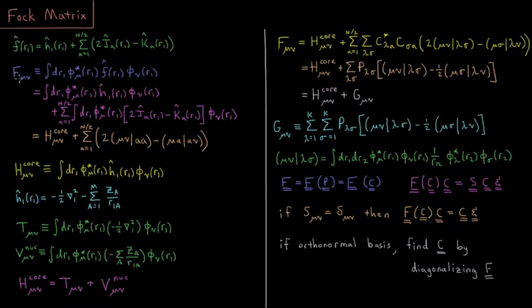Okay, so we also mentioned that the Fock matrix, in terms of all of the atomic orbital basis functions, its matrix elements f mu nu, are going to be defined as the integral of phi mu star Fock operator acting on phi nu, which if we separate out a bunch of different terms here, is going to be the integral split up in terms of the core Hamiltonian operator plus the sum over all the occupied spatial orbitals of the same integral with 2 times the Coulomb operator minus the exchange operator.